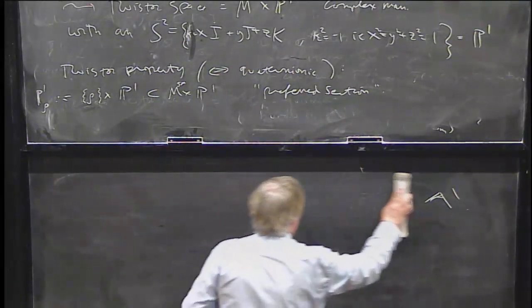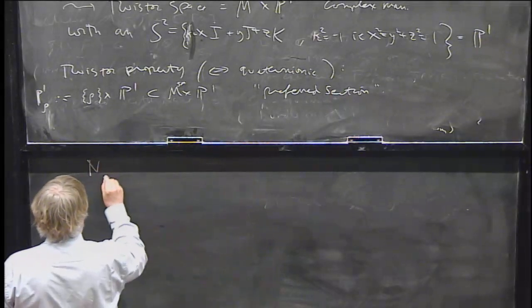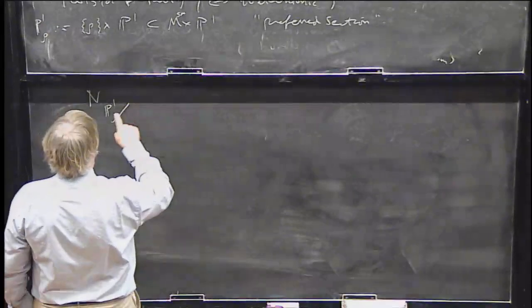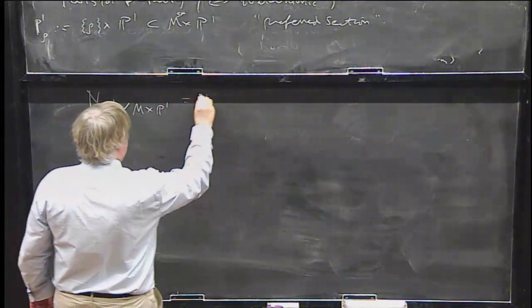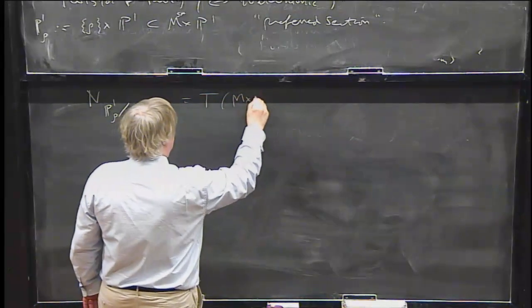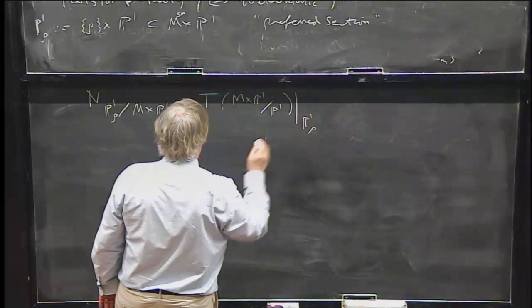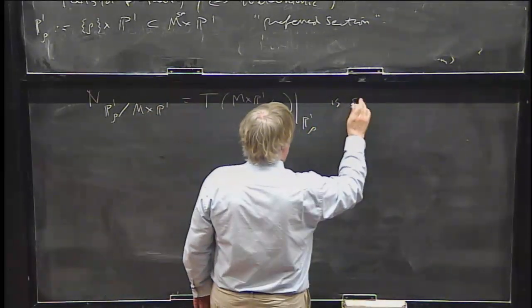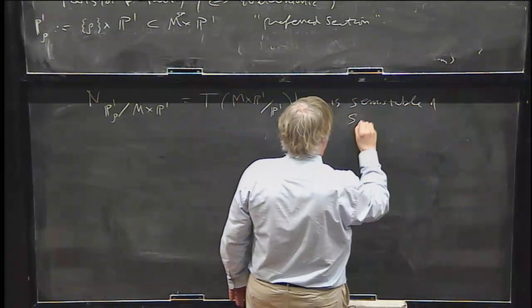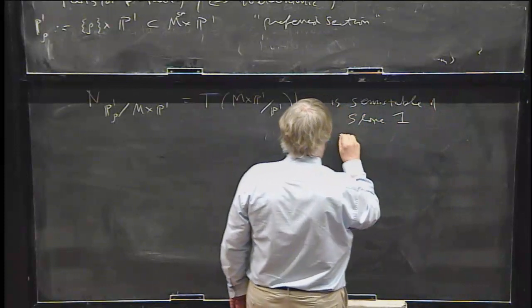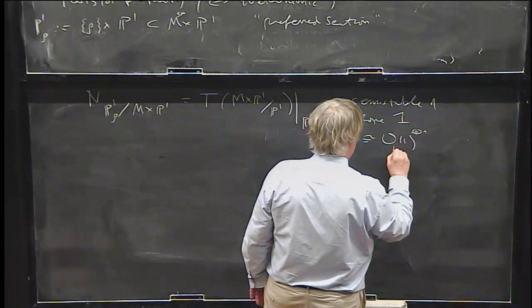So the normal bundle to the preferred section inside this M cross P1, that's the same thing as the relative tangent space restricted to the P1. This is semi-stable of slope 1. Okay.